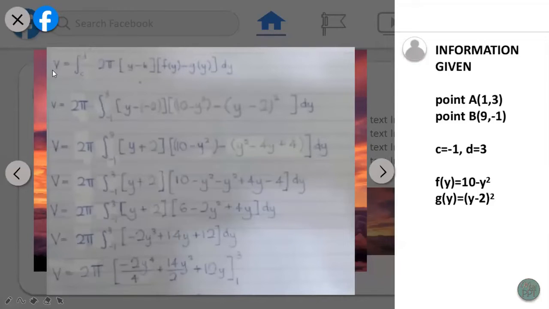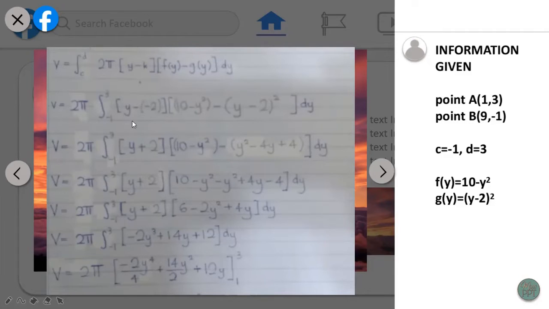So we apply the formula of volume equal to integrate from c to d, 2 pi (y minus k)(f(y) minus g(y)) dy. And then we take out the 2 pi, and this is the upper bound, and this is the lower bound. And then this is the value of k, the value of f(y) and g(y).